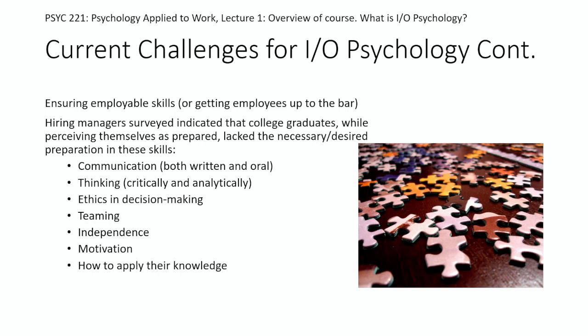And so that gap is an issue. Expectations are a big deal in terms of how well people think they did, and just how do you get people to improve their motivation, improve their communication, improve their critical thinking skills. So there's a lot that IO psychology is trying to bring to bear here for this particular challenge.